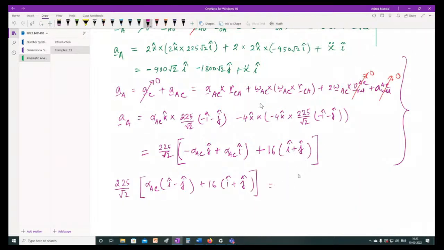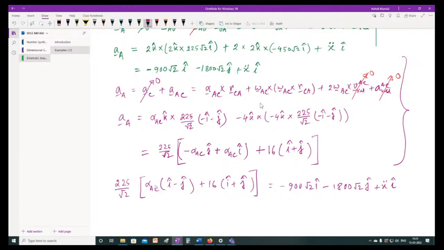This is equal to, here also it is something similar, minus 900 root 2 I minus 1800 root 2 j plus x double dot I. Sir, there K cross j will be minus I, right? Yes, look, this minus we have taken out. K cross j is minus I, so this becomes plus. K into I is j.